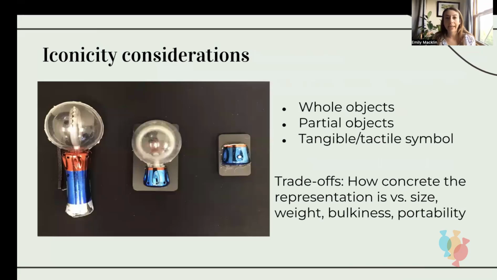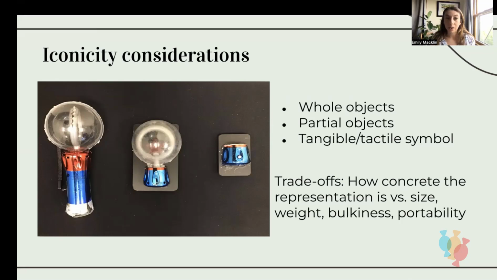Okay, so when you think about iconicity, this is a perfect place to kind of talk about how tangible symbols can look many different ways. So a whole object is a tangible symbol. A partial object is also a tangible symbol. And a tangible or tactile symbol, which is what I refer to as those smaller card-based mounted symbols. These are all tactile or tangible representations.